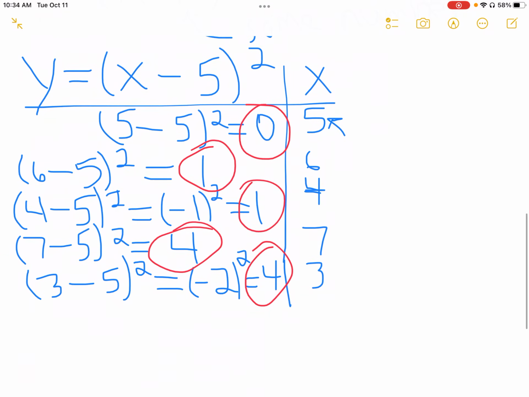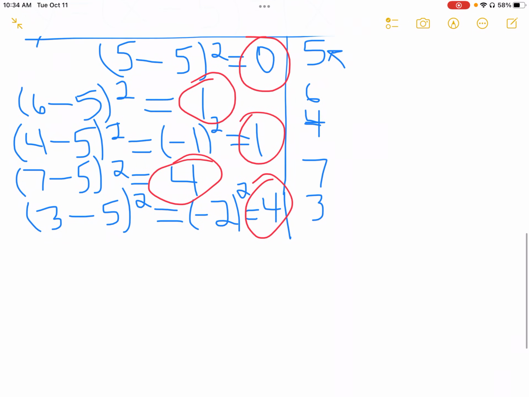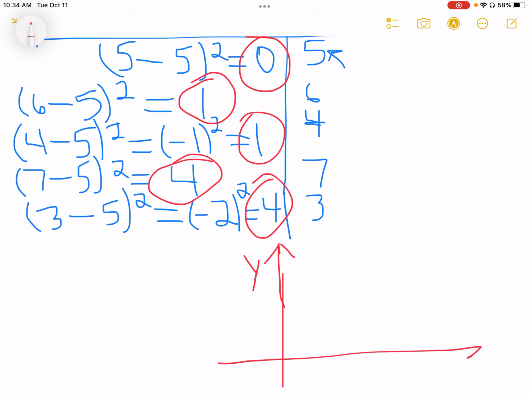So if we keep these in mind, then we'd know that if we started making a plot here, I'll do my y like this. This is my y-axis, and then my x-axis is over here.